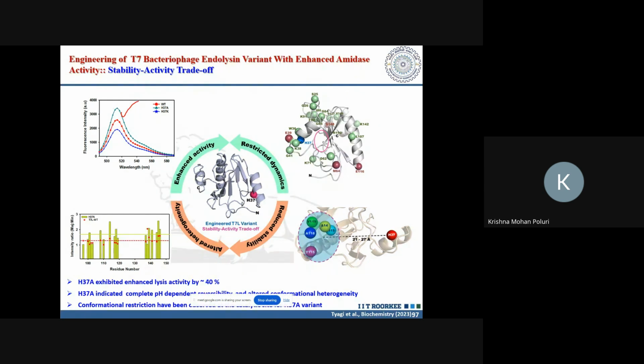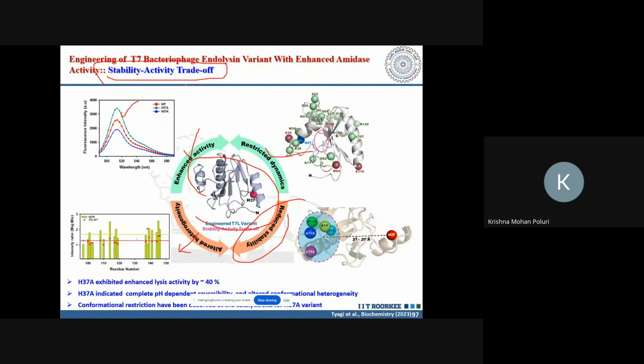So in order to accommodate a high activity enzyme, it enhanced its activity, restricted its dynamics, and altered the heterogeneity, that means the conformational population, and it reduced a little bit of stability here. That is why we call it a stability activity trade-off.